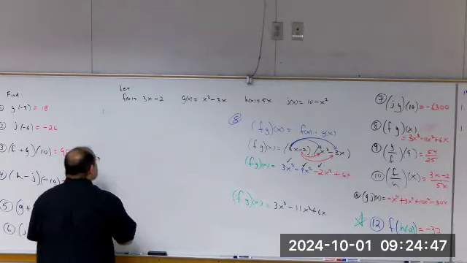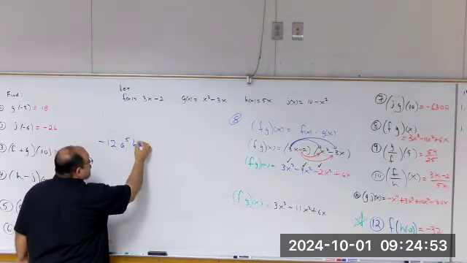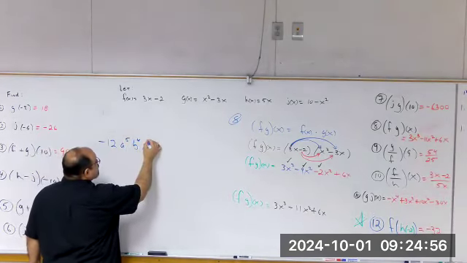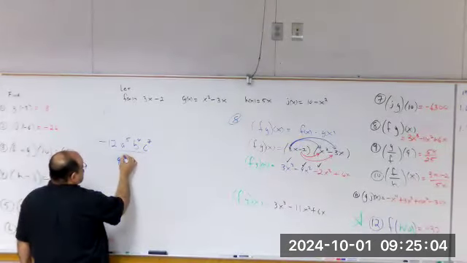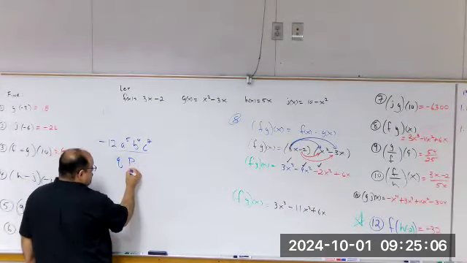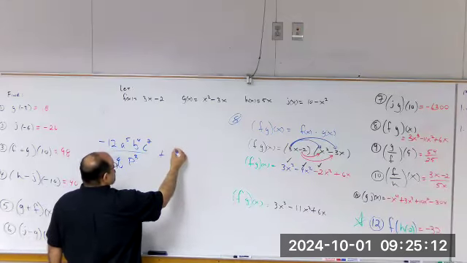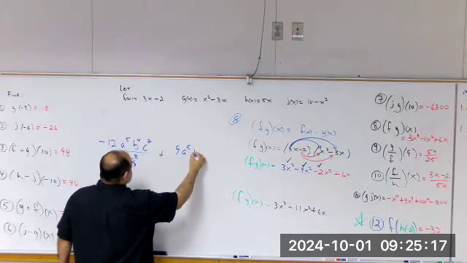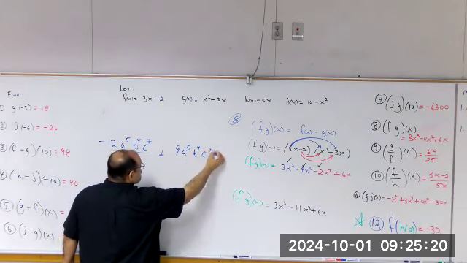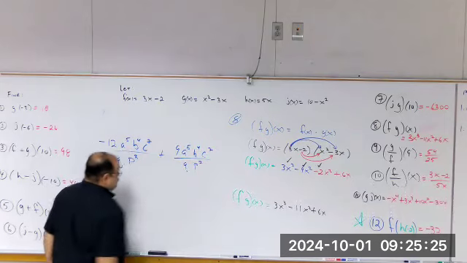So I could have negative 12, a to the 5th, b to the 4th, c to the 7th, all over q to the cube, p to the 3rd. And I want to add, let's say, 9, a to the 5th, b to the 4th, c to the 7th, over q, p to the 2nd.